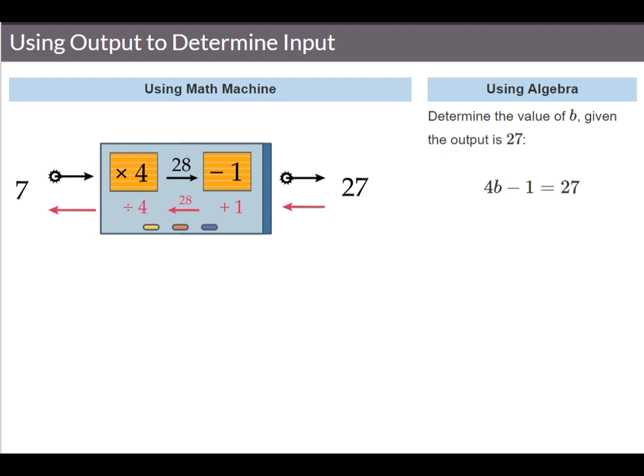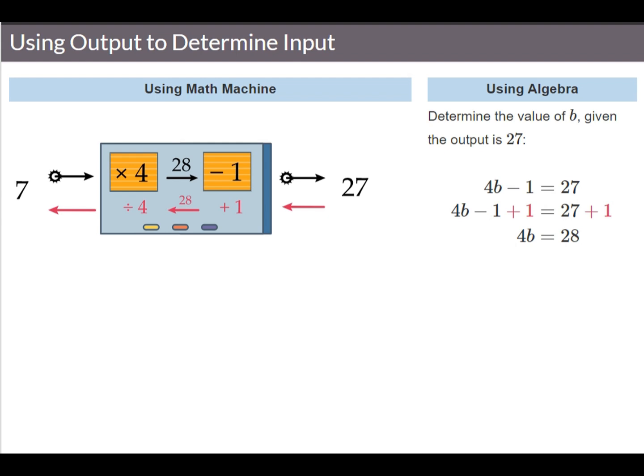Moving backwards through the math machine suggests that we deal with the subtraction of 1 first. Remember, to do this using algebra, we must add 1 to both sides of the equation. We would show this as 4b subtract 1 plus 1 equals 27 plus 1, which simplifies to 4b equals 28.